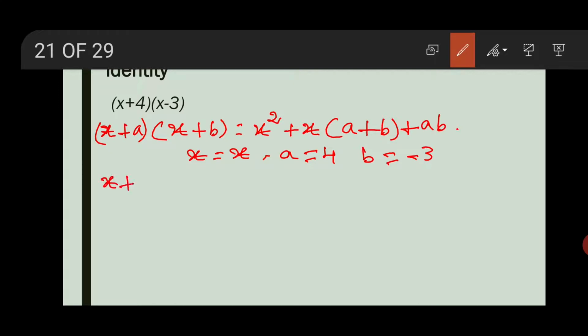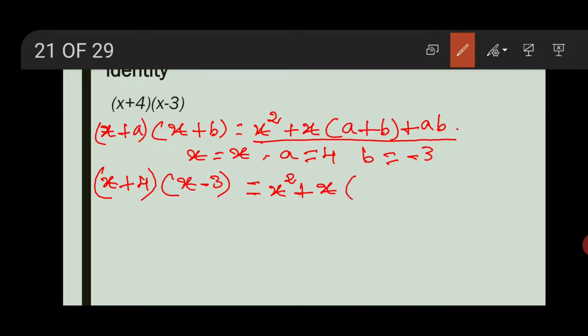So (x + 4)(x - 3) is equal to, in the form of the above identity, x square plus x into (4 plus minus 3) plus 4 into minus 3.